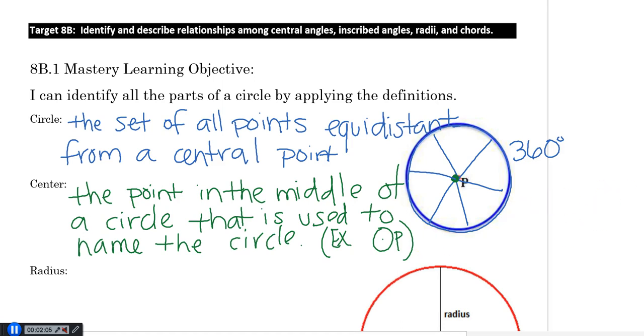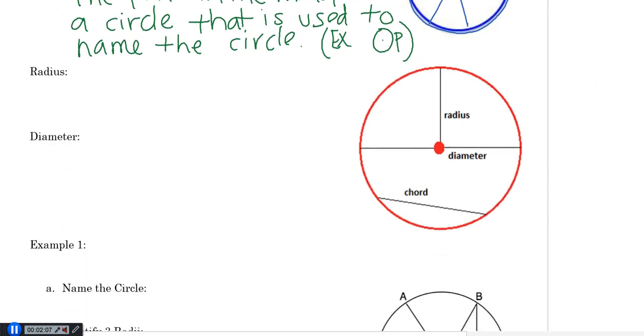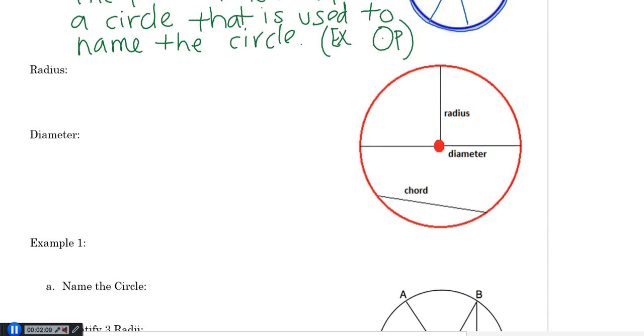Next vocab word is the radius. Radius should be somewhat familiar. We've dealt with the radius in the other units when we were dealing with volume.